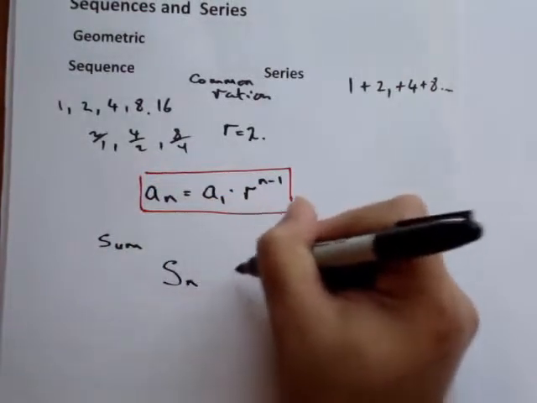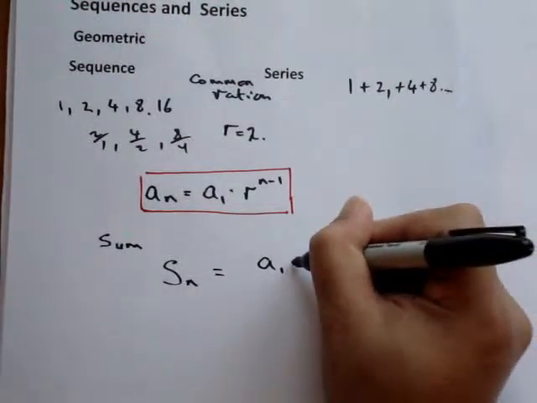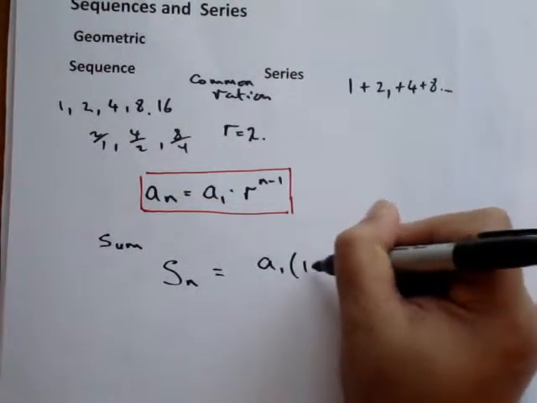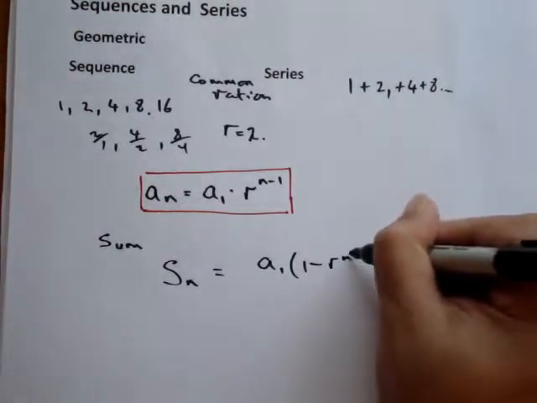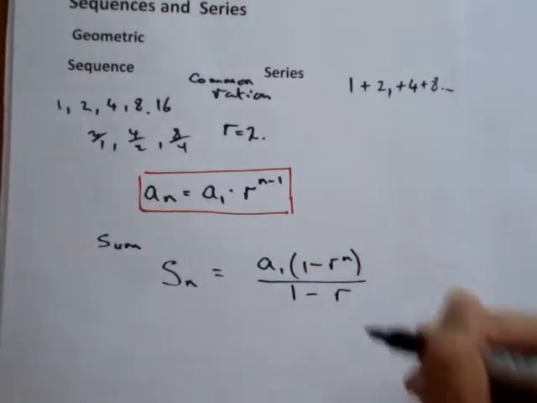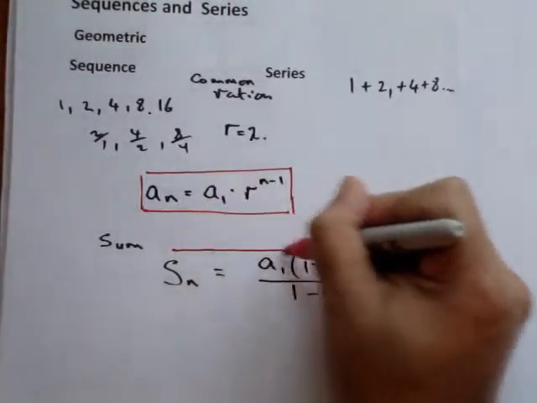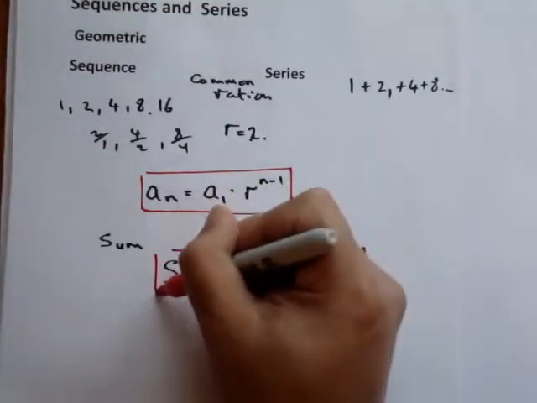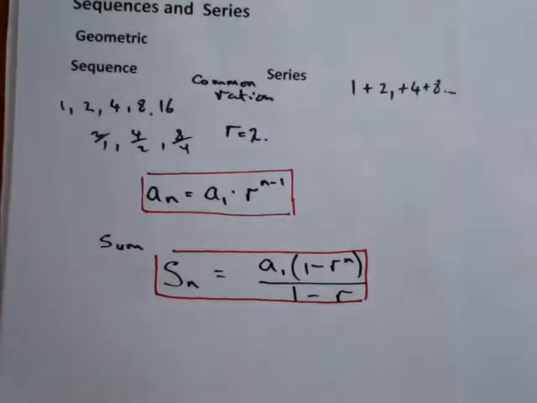And then for the sum of terms, S sub n, it's the first term, a sub 1, times (1 minus r to the power n) over 1 minus r. So that's the formula you need to remember for the sum of terms for a geometric series.